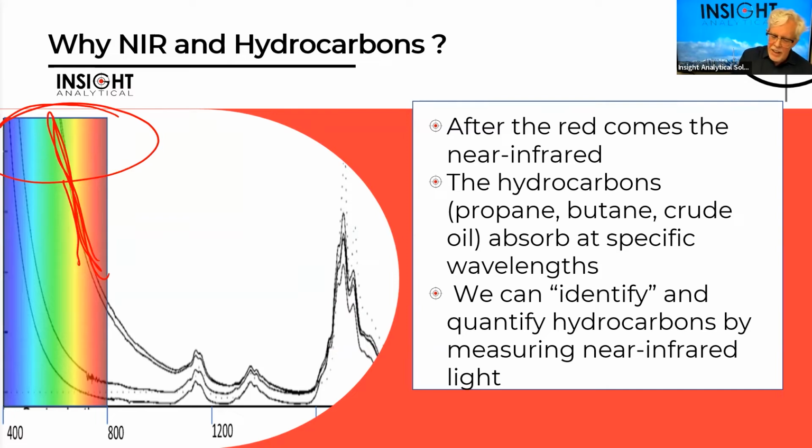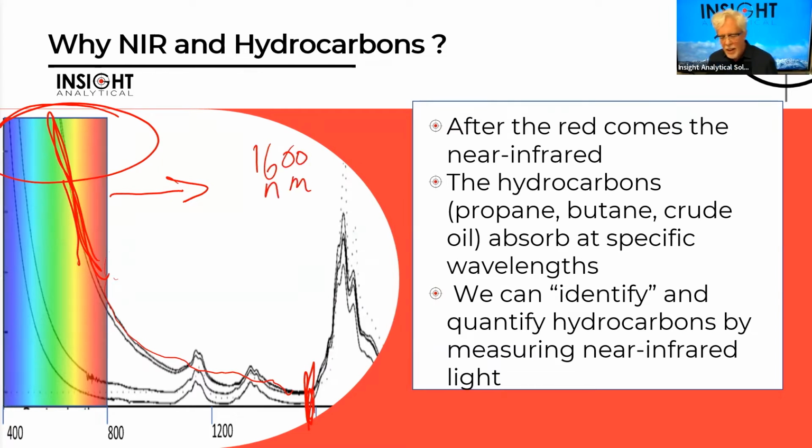However, as we move outside the visible region and beyond the red into the near infrared, what happens is hydrocarbons start to absorb less and less light until we get out to around 1600 nanometers. And when we get there, there's this bunch of absorption bands.